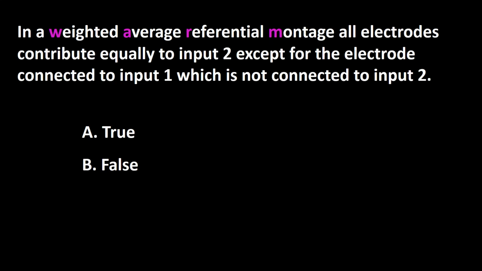Next question. In a weighted average referential montage, all electrodes contribute equally to input 2, except for the electrode connected to input 1, which is not connected to input 2. A, true, B, false.